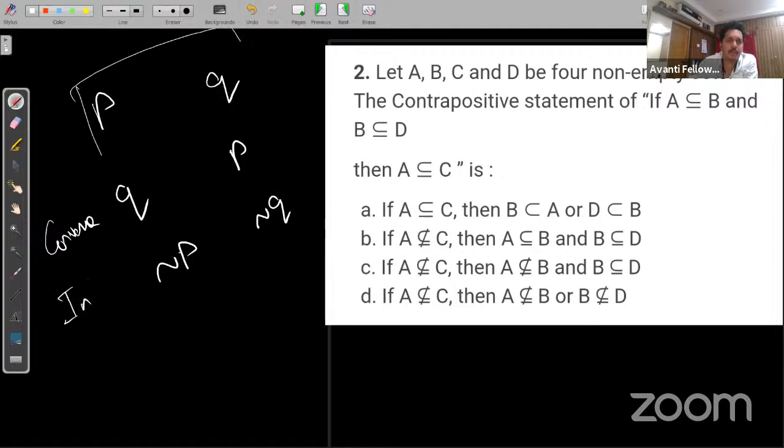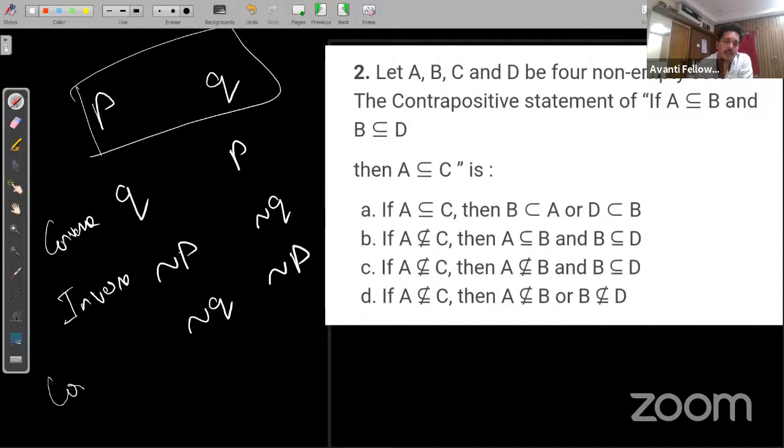And if someone is reversing the things and also applying the negation, negation Q implies negation P, it is contra-positive. Okay. Means if P is one statement and Q is another statement. So this is what contra-positive means.